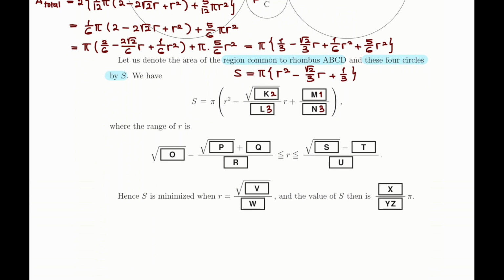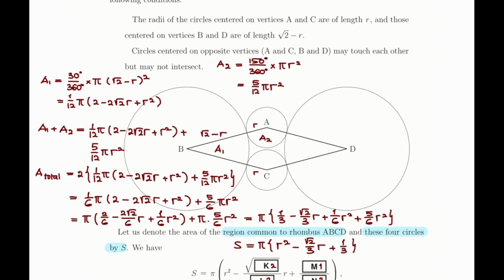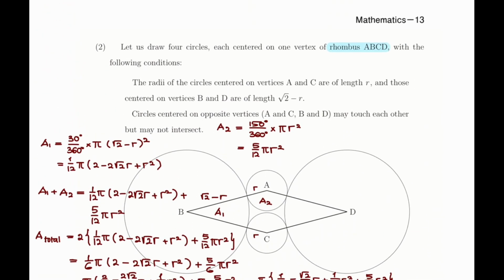They ask to find the range of R. Don't forget we have one condition here: the circles centered on opposite vertices may not intersect. As you remember, we already found the lengths of AC and BD.